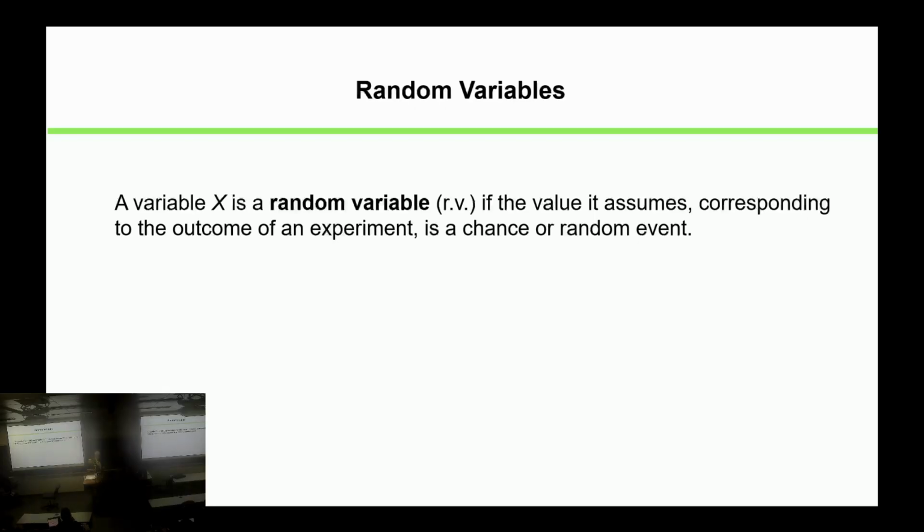So the idea is that we are going to have a function that's going to assign probabilities to events. It's a numerically valued variable, and there is chance involved on what that value of that variable is going to be.